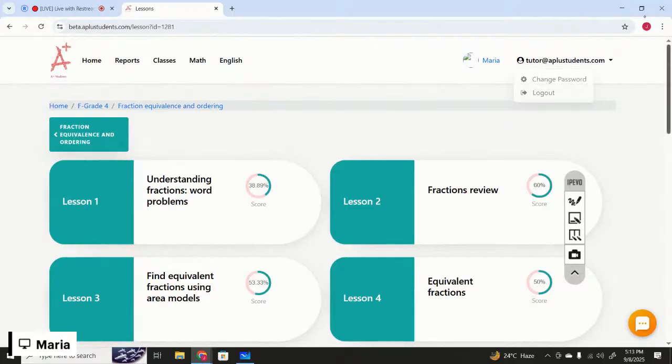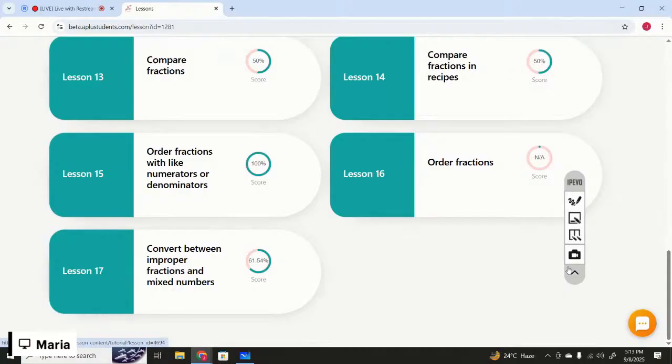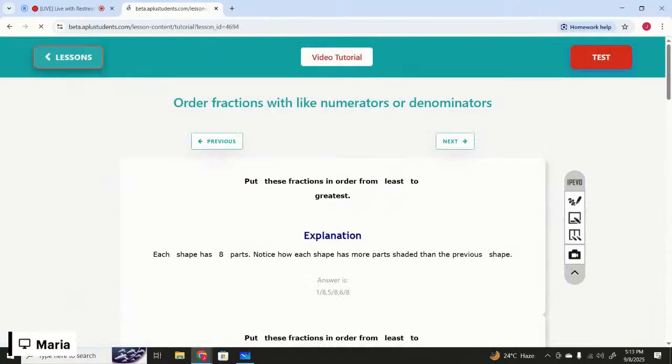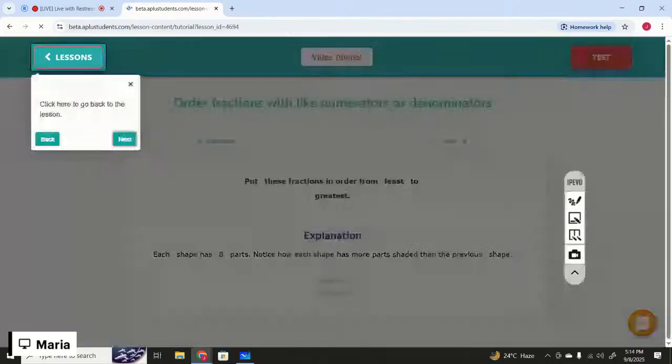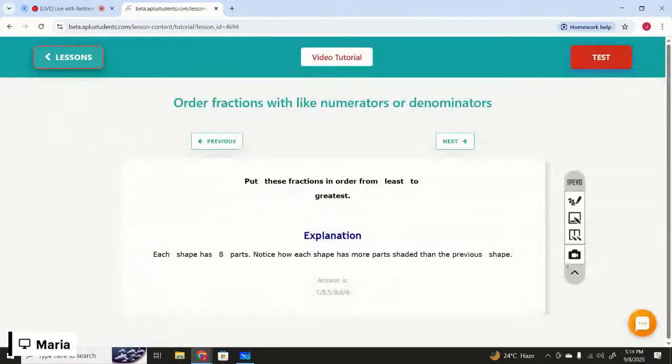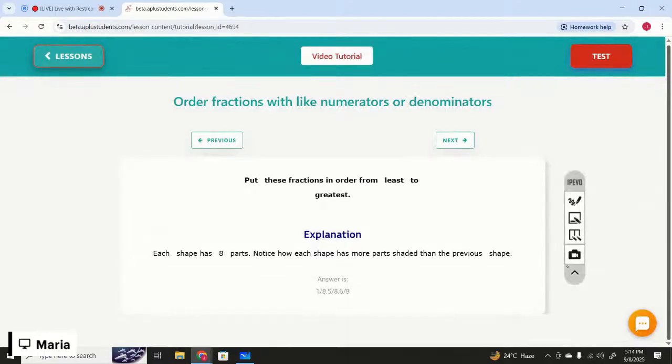The next lesson is order fractions with like numerators or denominators. Okay, put these fractions in order from least to greatest. So we are going to compare the fractions right there, but here you are given just the arranged form.